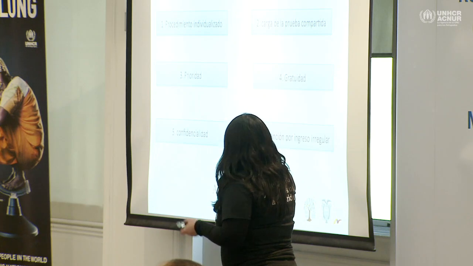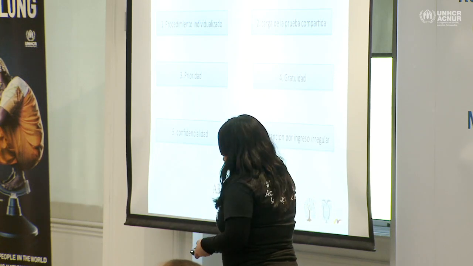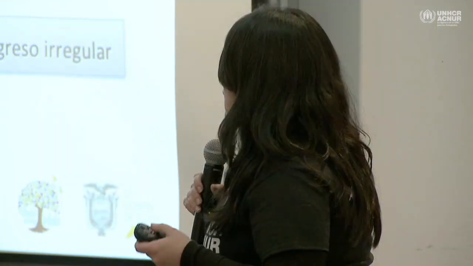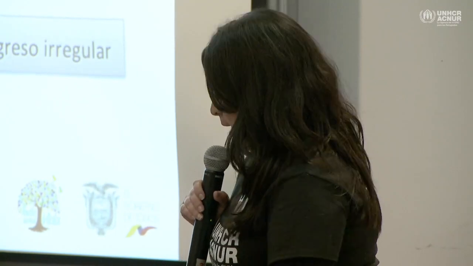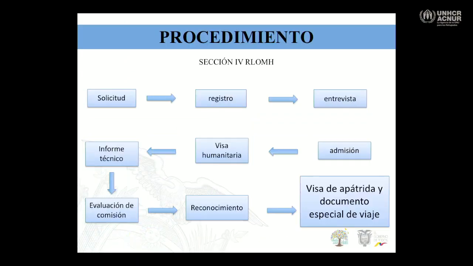First of all, we have this customized procedure. We have the burden of the proof that is shared, the priority, and the free procedures, the confidentiality that is very important, also the non-sanction due to irregular access in the country, the irregular entry to the country.